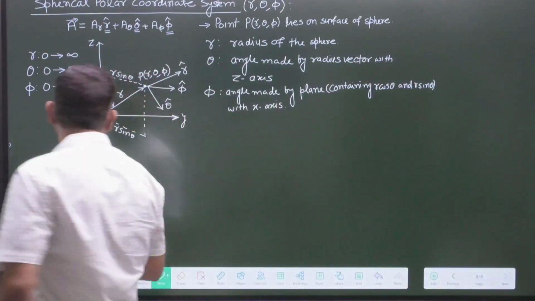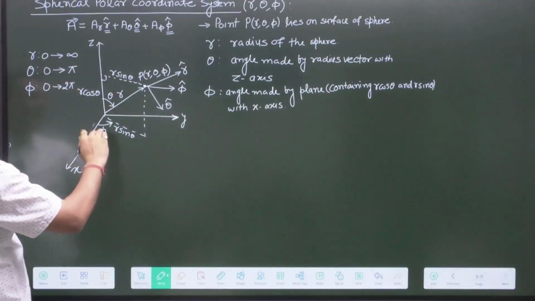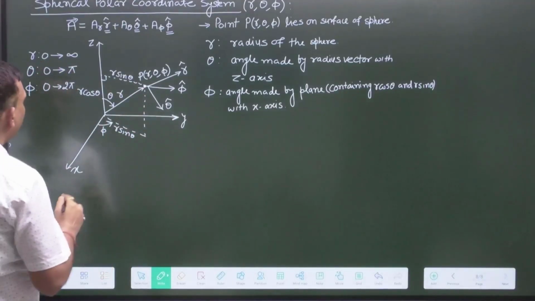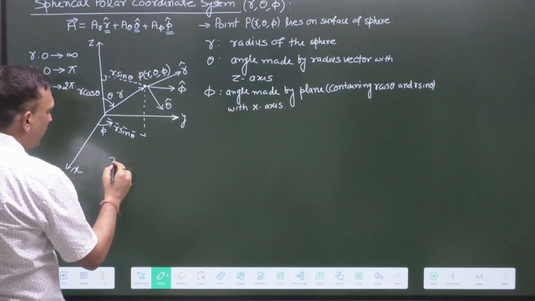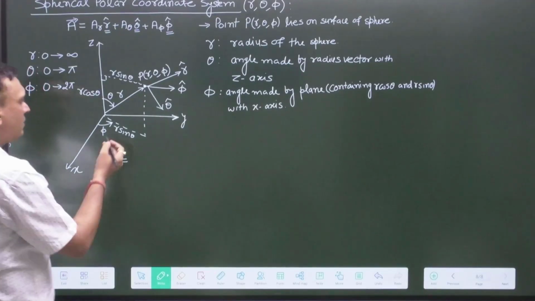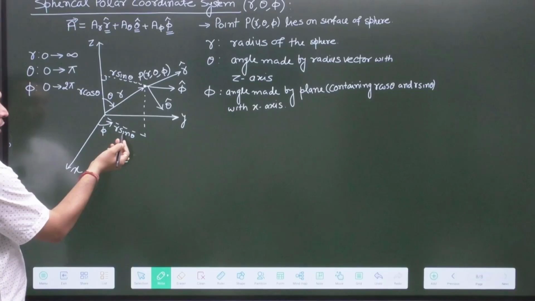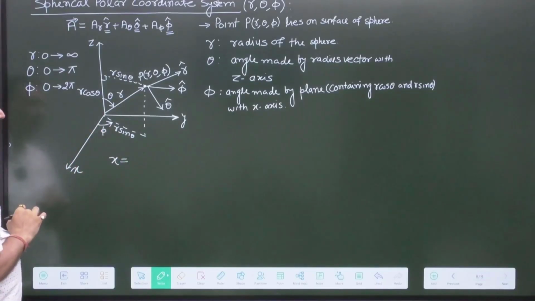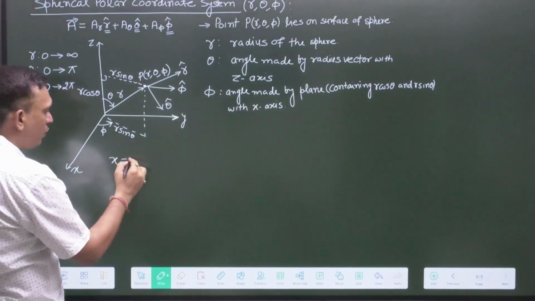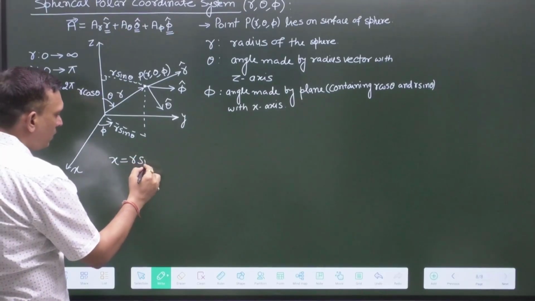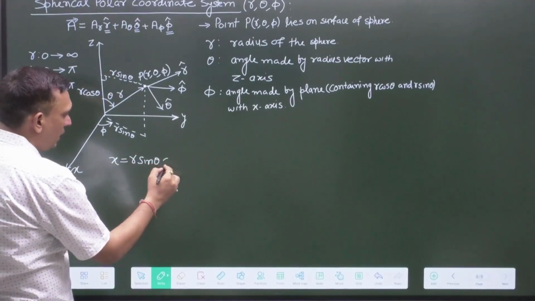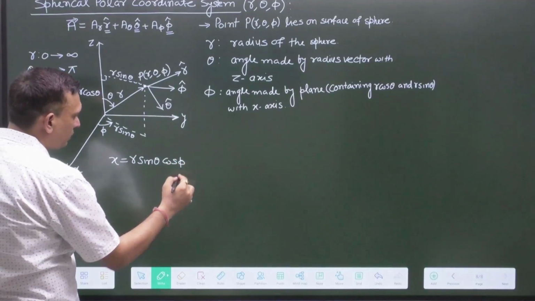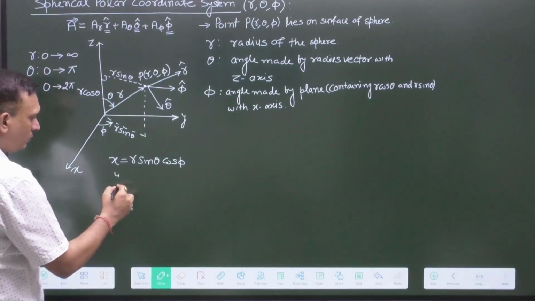Now we have to see how to relate r theta phi with x, y, z. How will you write x? You should write the component of r sin theta along the x-axis, and that component will be cos phi. So x is r sin theta cos phi. What about y?